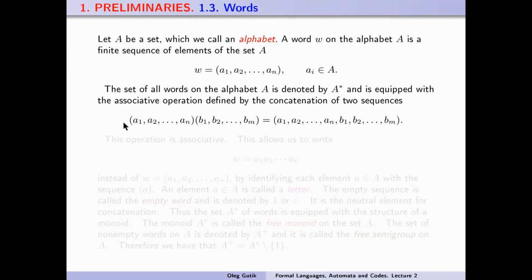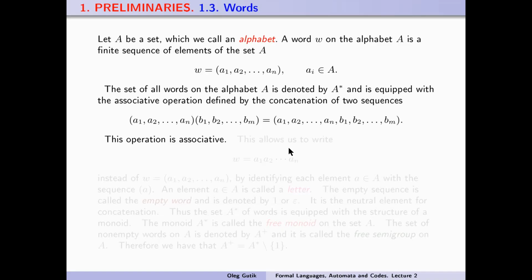We have two sequences, A1, A2, and so on, AN, and B1, B2, and so on, BM, and the concatenation of these two sequences is the following: A1, A2, and so on, AN, B1, B2, and so on, BM.